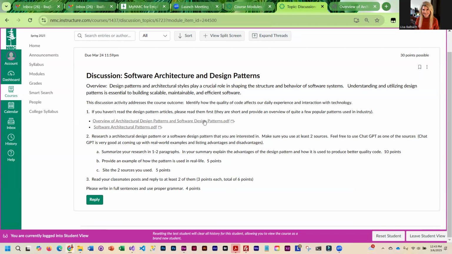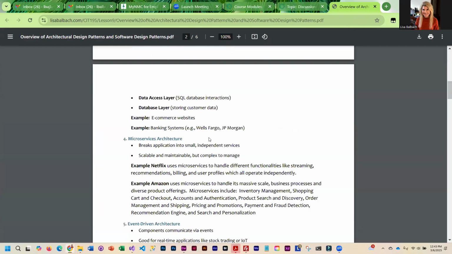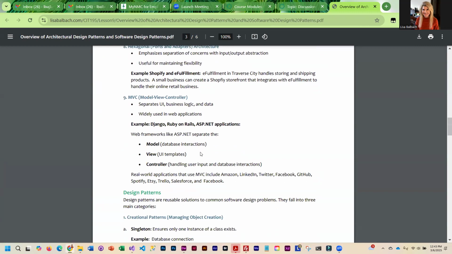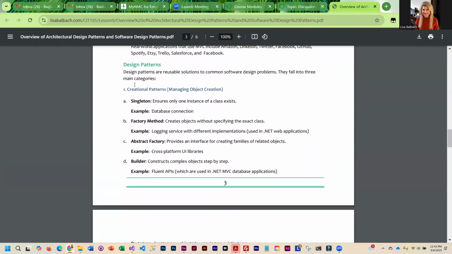And I did not provide an example because I wrote this entire article for you. So I think I did enough for this particular discussion. Here I go through all the design patterns. There are three different categories.